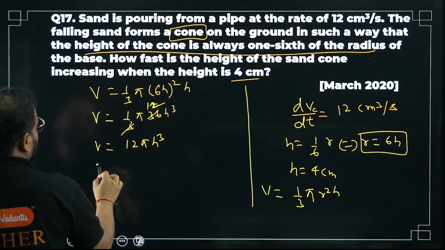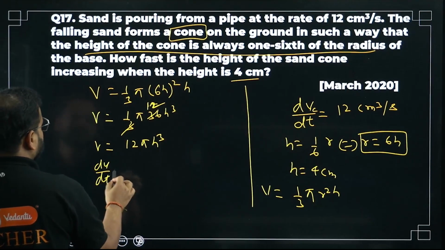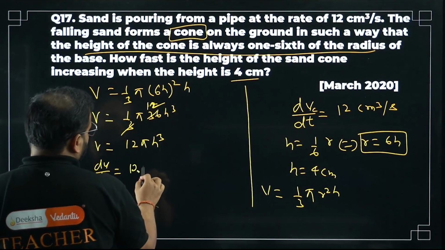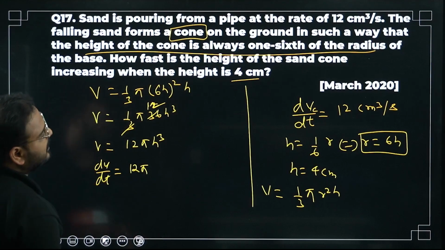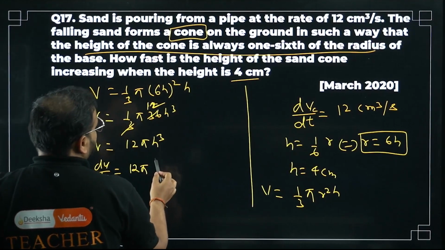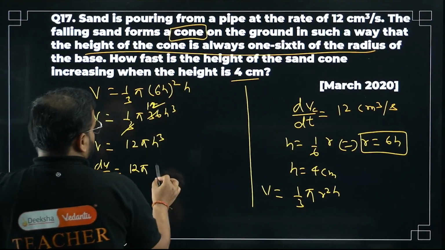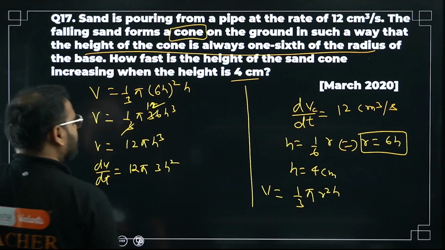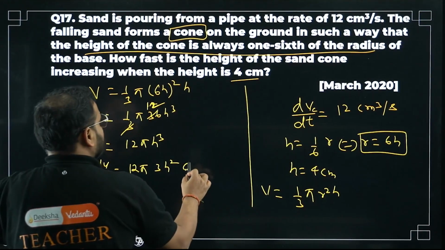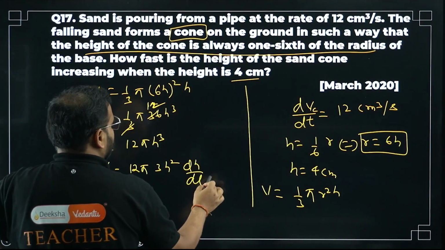Now take the derivative, dV by dt. 12 pi is a constant. h cube differentiates to 3h square, and now you have to differentiate h also, so dh by dt. They have given dV by dt as 12. So 12 equals 12 pi times 3h square times dh by dt.